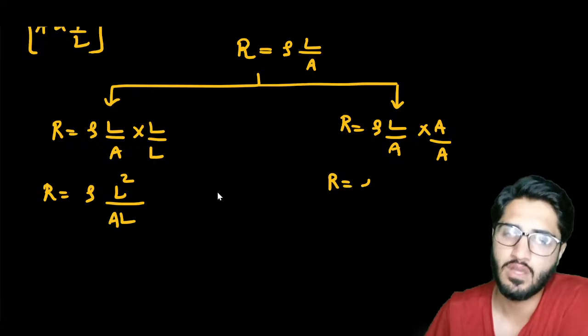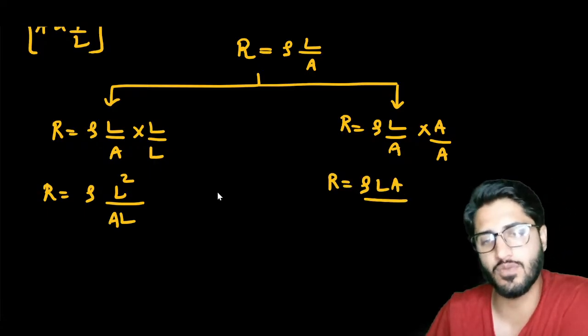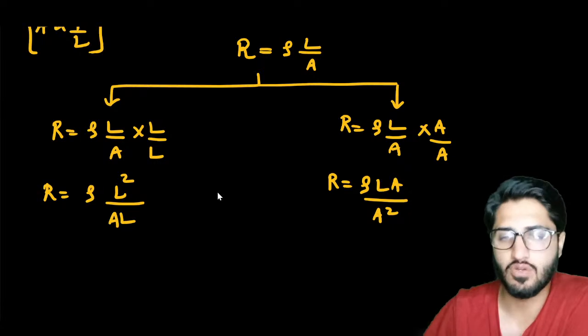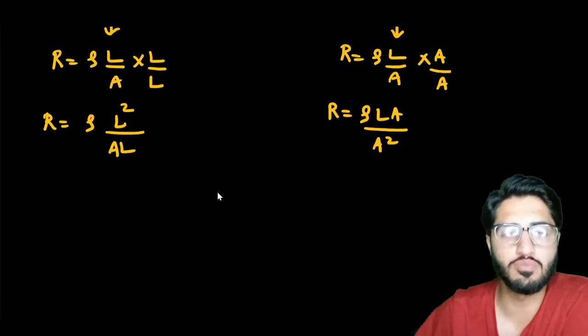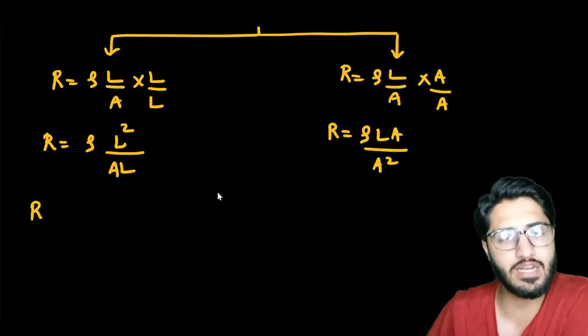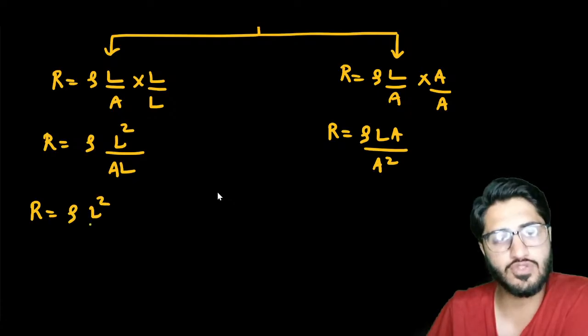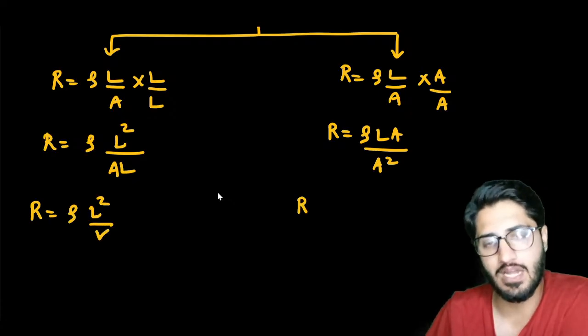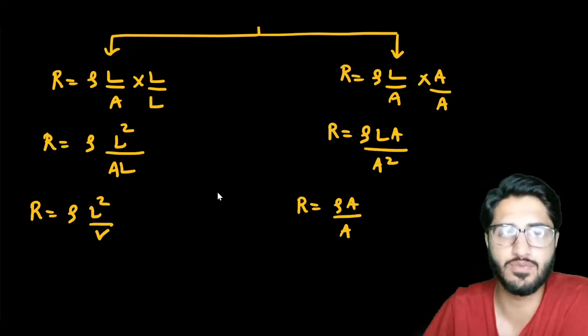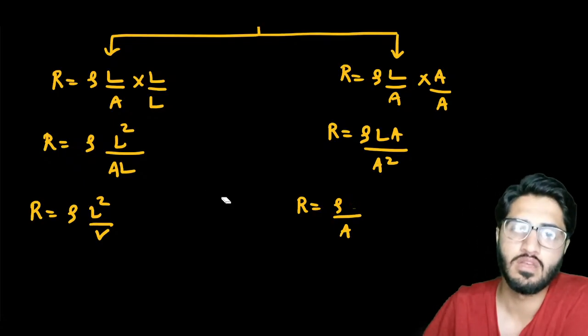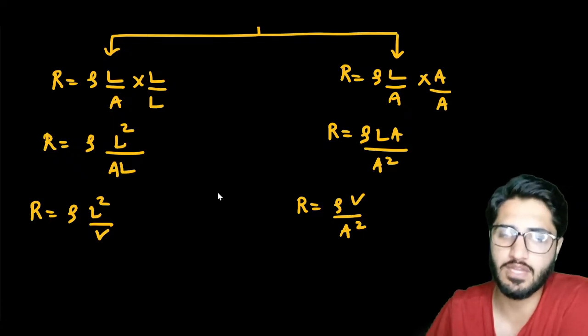Look, AL means volume. So here I can write R equals rho L square by volume. Similarly, R equals rho V by A square.